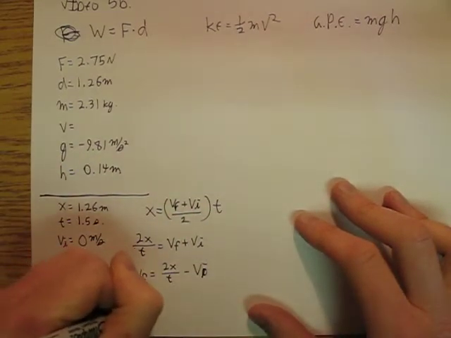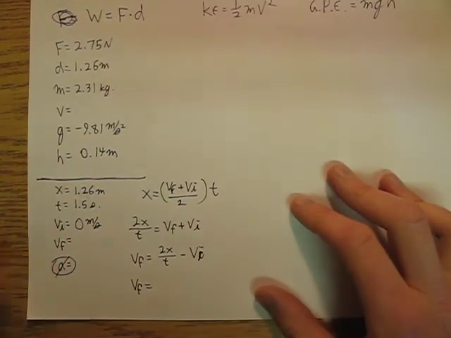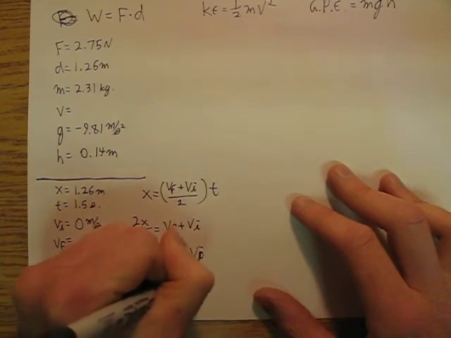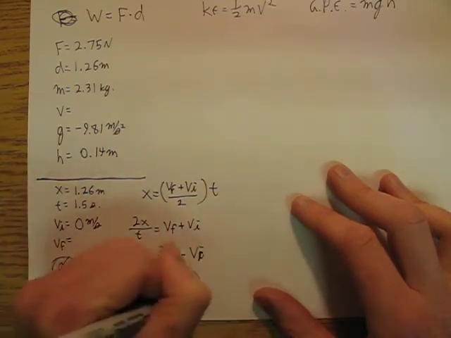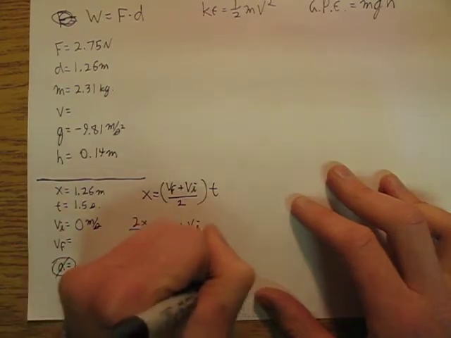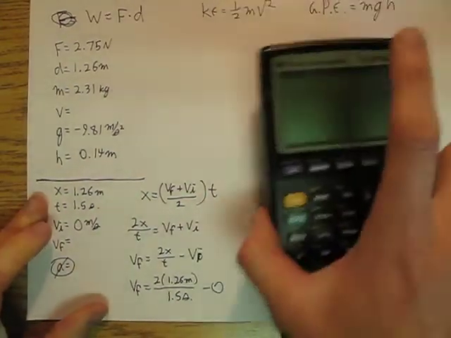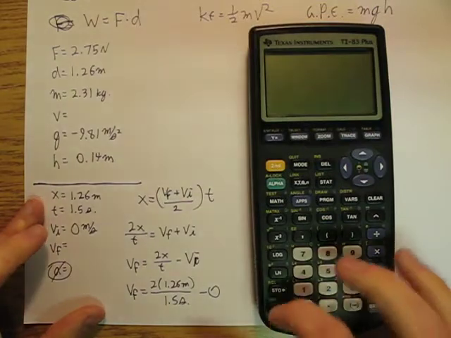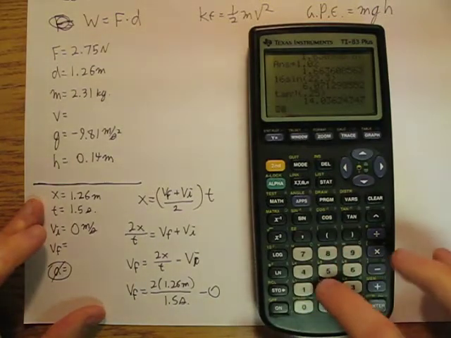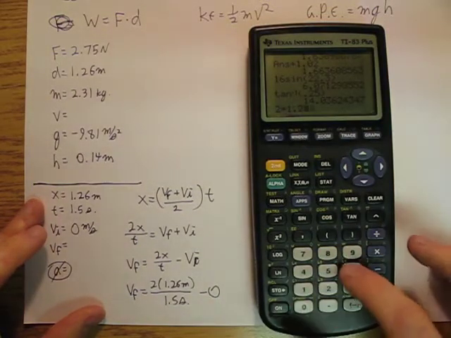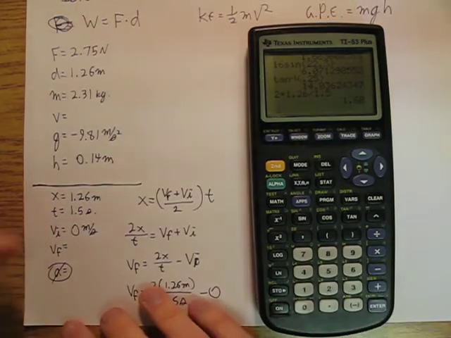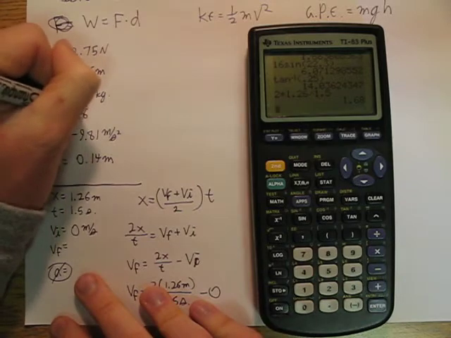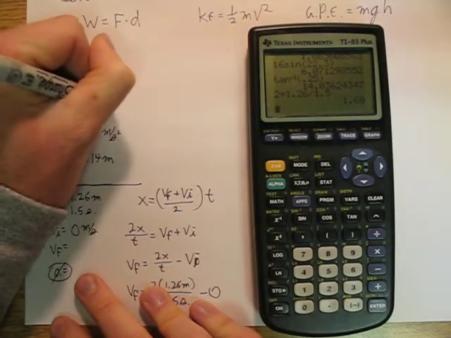So vf is going to be 2 times 1.26 meters divided by 1.5 seconds minus 0. So 2 times 1.26 meters divided by 1.5 seconds gives me 1.68 meters per second.